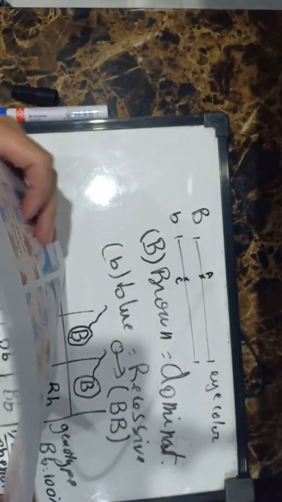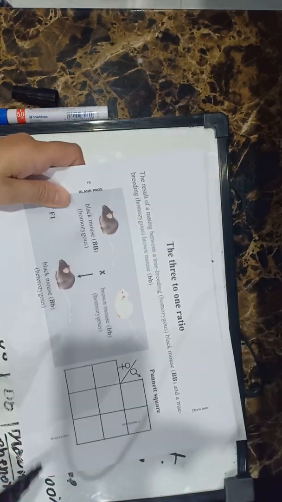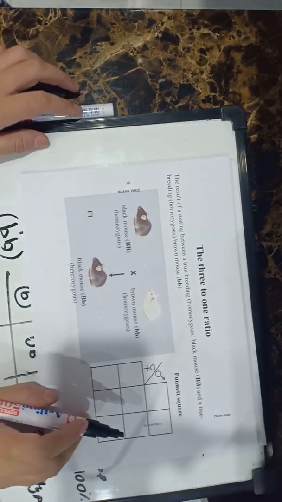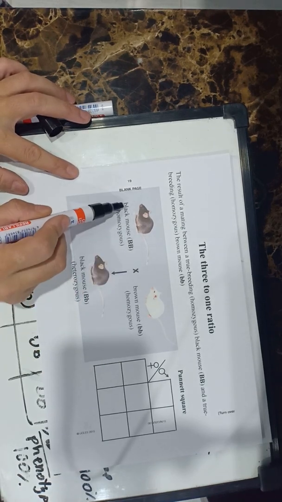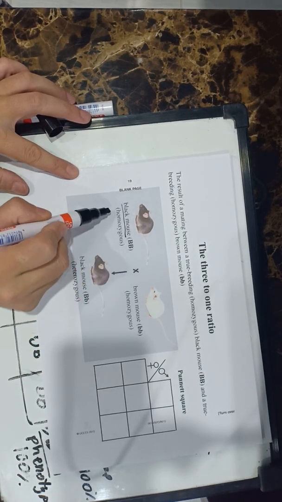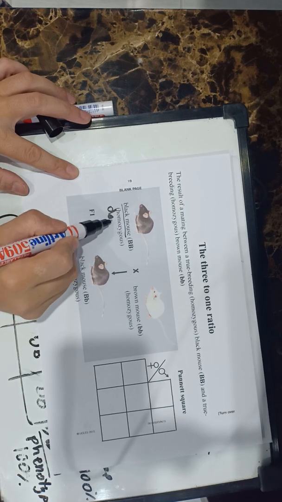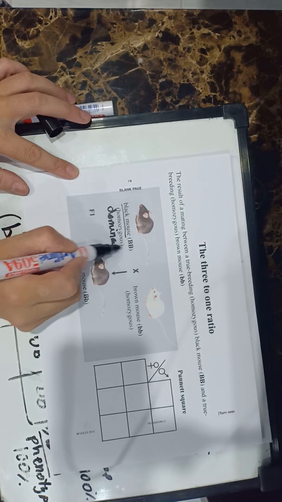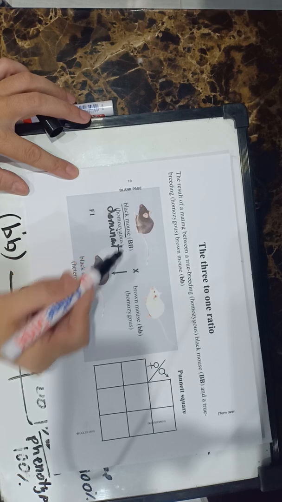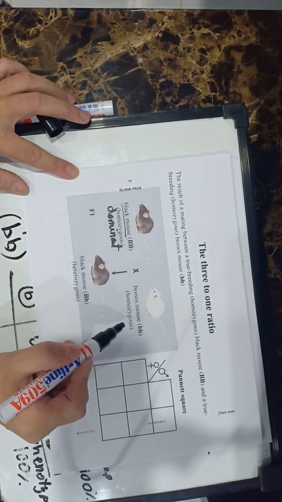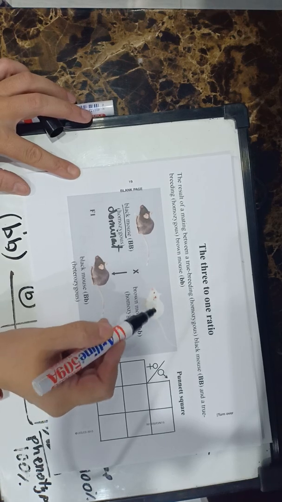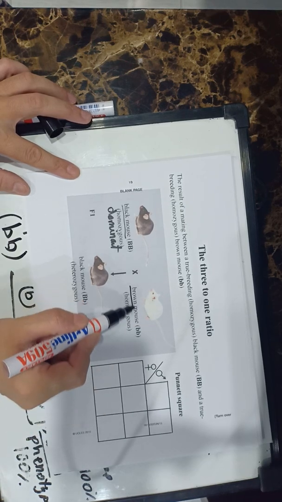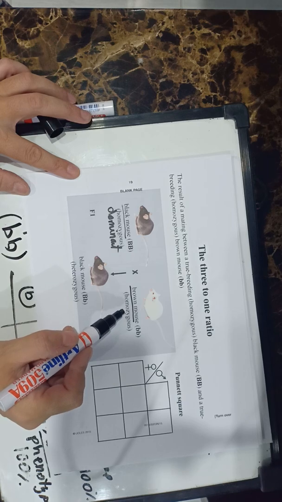Okay, now we are going to see the ratio 3:1. This is what we call the ratio 3:1. So let's say here you have the example of a mouse which is black, and in this case black is dominant, which is capital B, and white is brown, because I couldn't find any picture which is brown, so I put here a white mouse, and brown mouse is recessive.